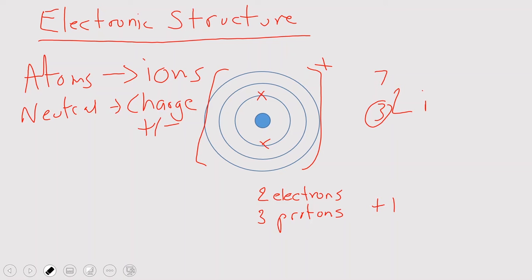If we have a look at another example, we'll take one that we did last time. So if we take magnesium, 24, 12, it has 12 electrons.